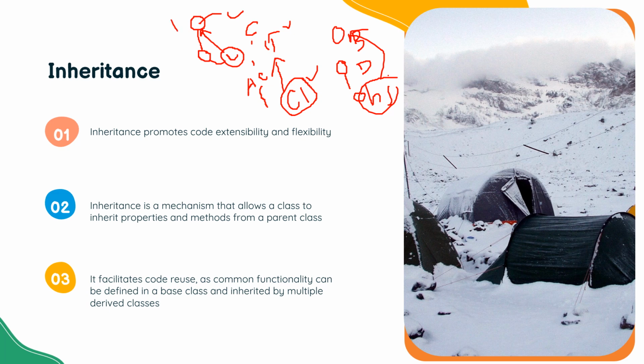So this is called parent, this is called child. In some books you find this is base and this is derived. So this is the concept of inheritance.